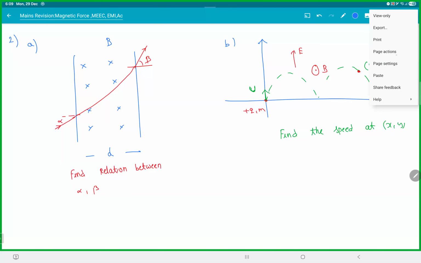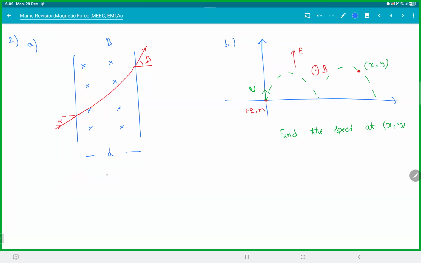What was the result? If you try to derive it in the exam, you're gone. So the result here is sin beta minus sin alpha is d by r.